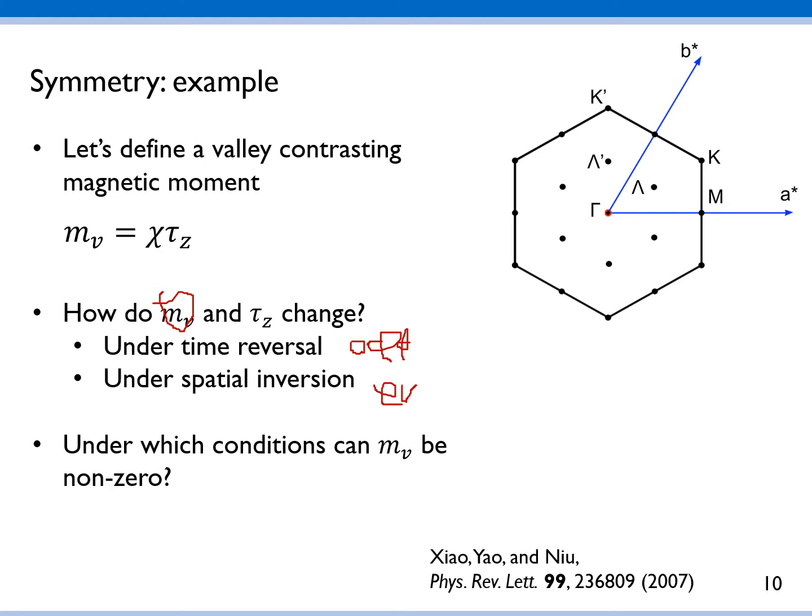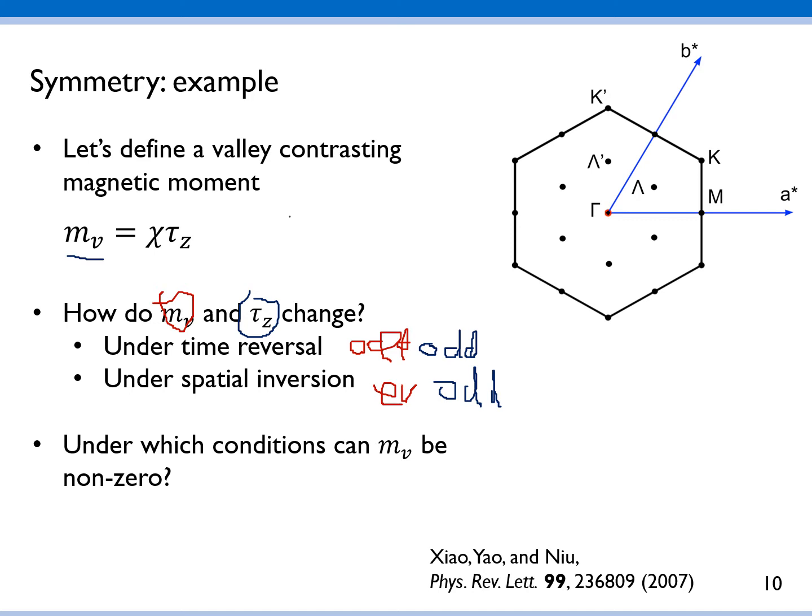Let's now look at the parameter tau z. Under time reversal, our value changes from K to K prime, so it is odd. Under spatial inversion, our value also changes from K to K prime, because those points are both time reversal and spatial inversion related, so it would also be odd. Now, what values can M sub V take if it needs to be even under spatial inversion and odd under time reversal?